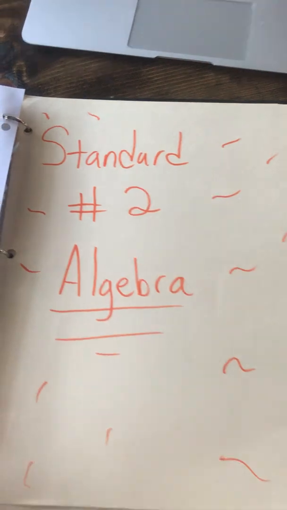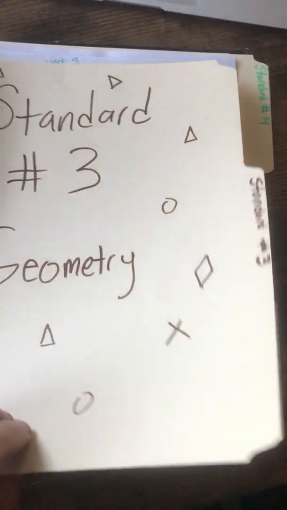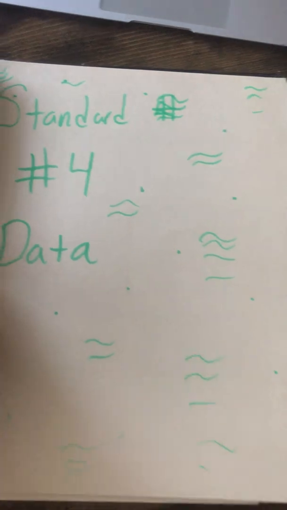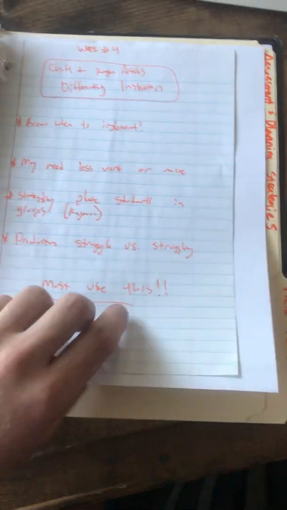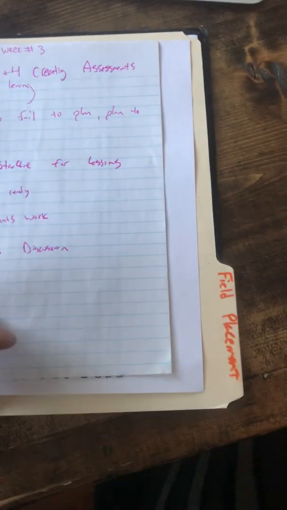I have the first standard, all the notes from the weeks, standard 2, algebra, standard 3, geometry, all the notes and activities, standard 4, data, again all the activities, differentiation section, some activities and notes, the assessment and planning strategy section, again with notes and activities.